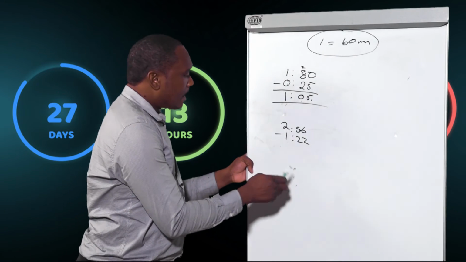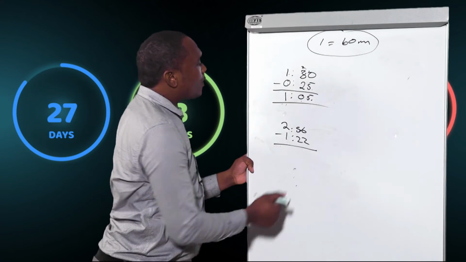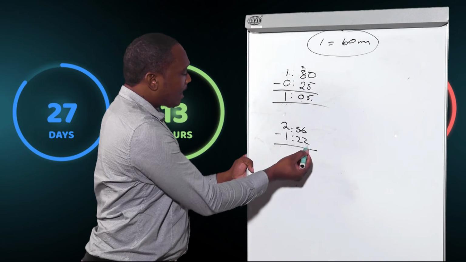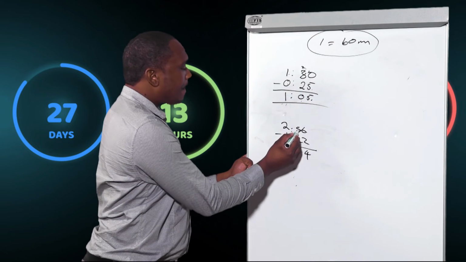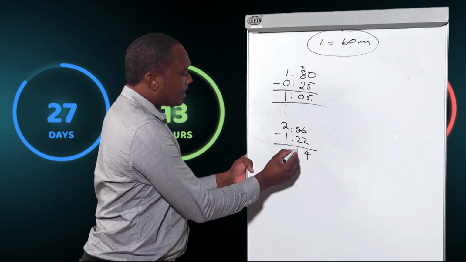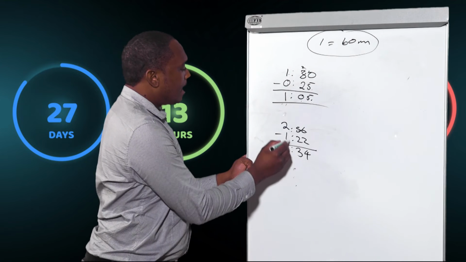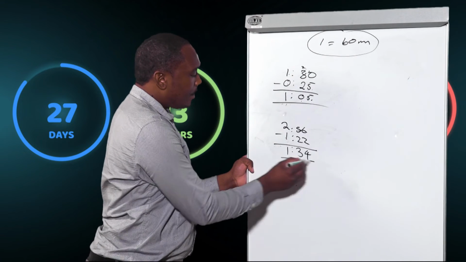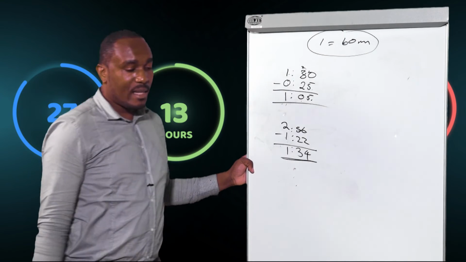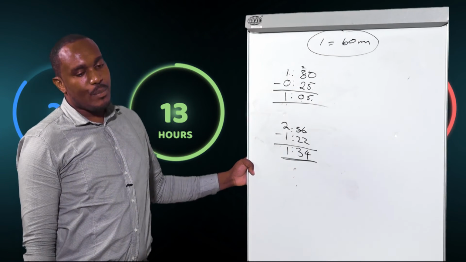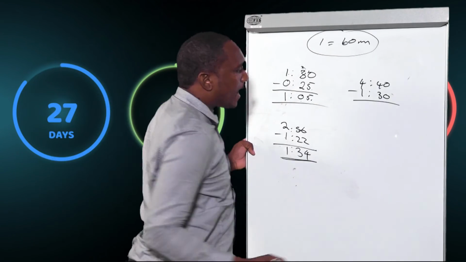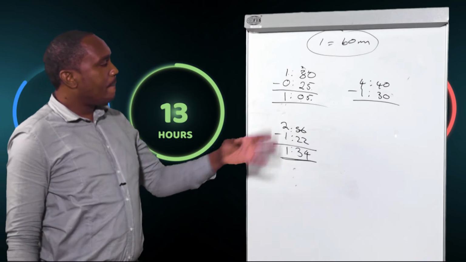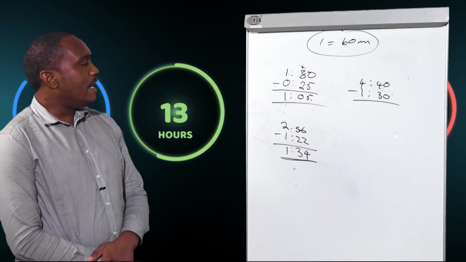It's very simple. The same method as we did there. You say 6 subtract 2, it's 4. 5 subtract 2, it's 3. Then you say 2 subtract 1, it's 1. Very simple. So it's 1 hour and 34 minutes. Okay, so if we have this one, try it and see if you can do it.